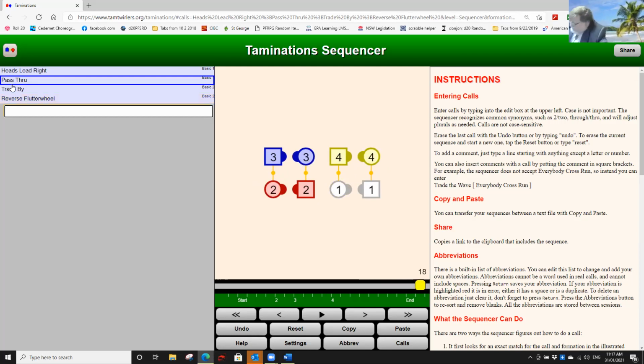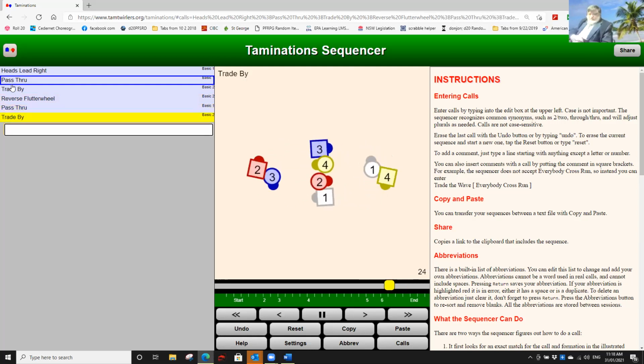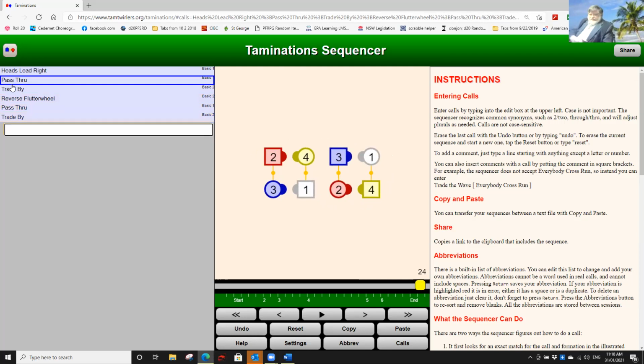And if I do a pass through trade by, they're facing the opposite. Then you could say that's a four ladies chain effect. Everybody's facing the opposite. They're in sequence. And they're out. So it's just a simple matter of knowing, is it two dancers in sequence or four?